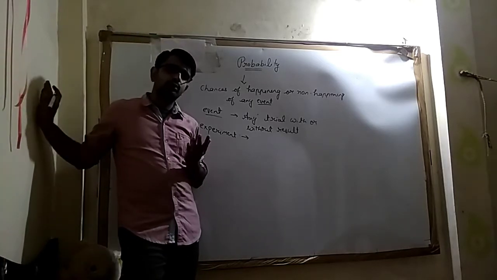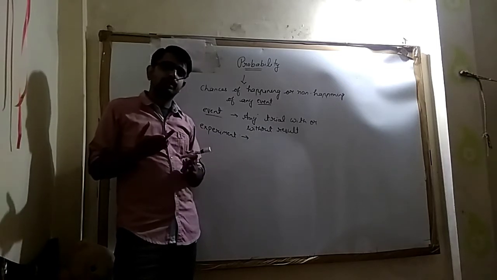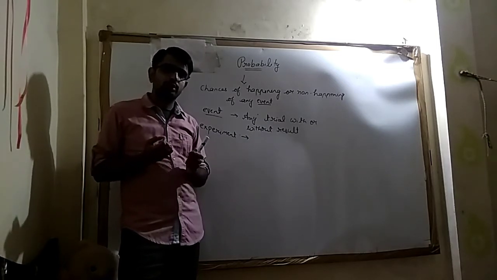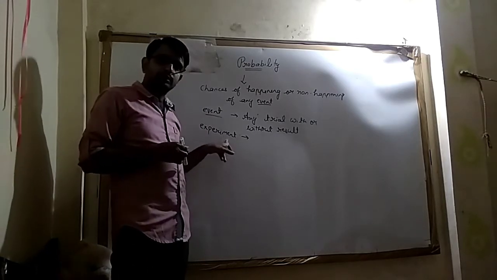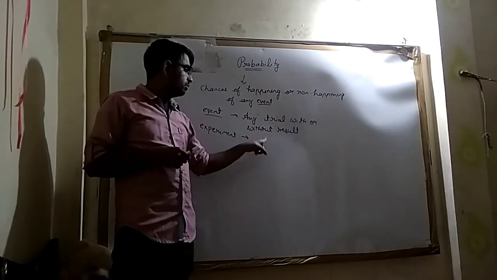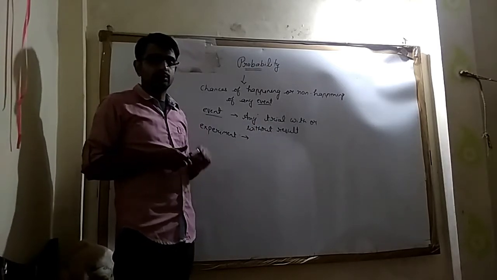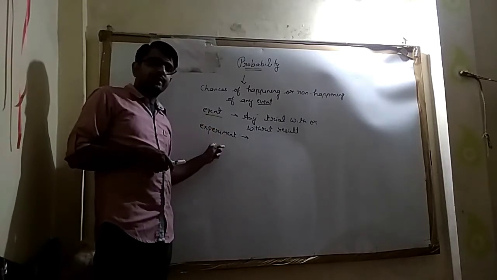See, IPL is going on, so a cricket match is also an experiment. How? Okay, so let me explain to you what an experiment is. I have written here any trial with or without result. Okay, and there is a difference between event and experiment.